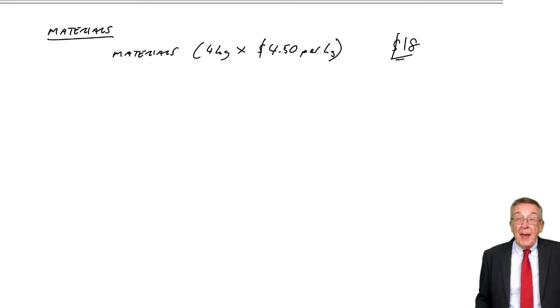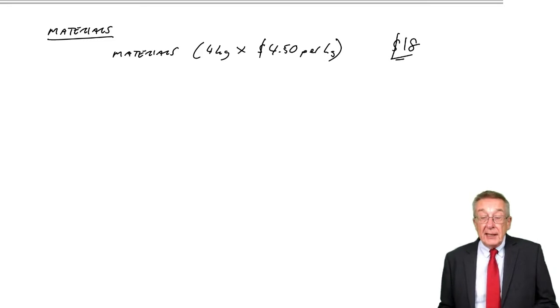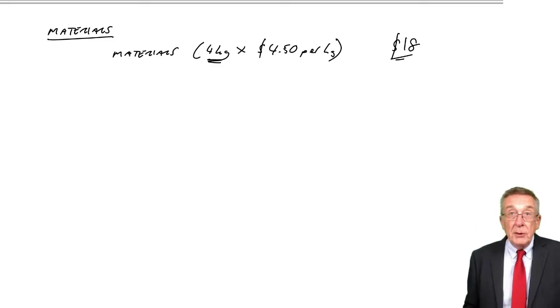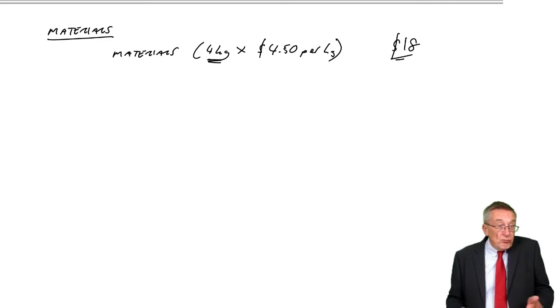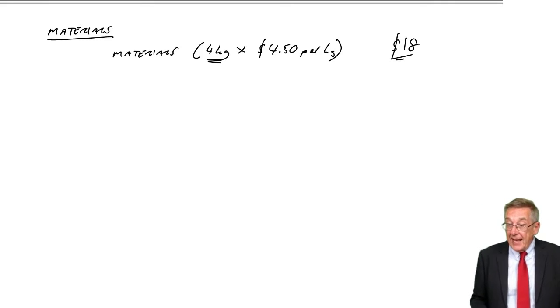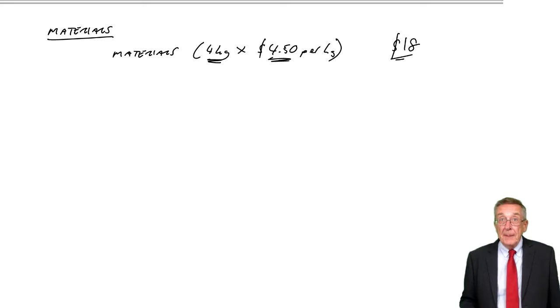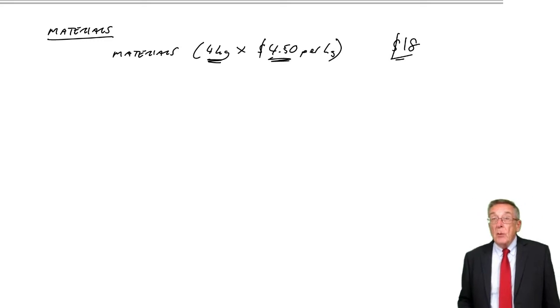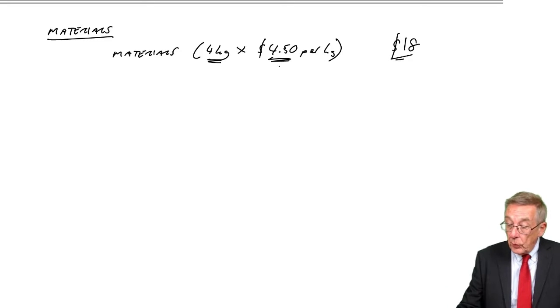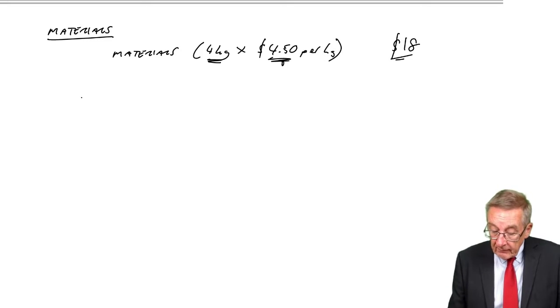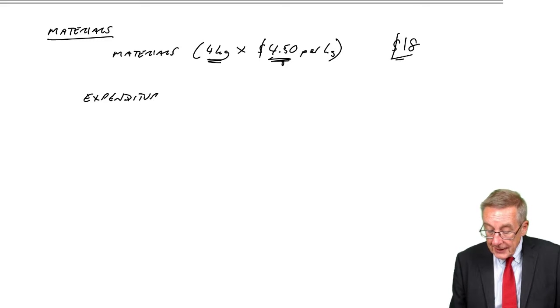We know we overspent, but we're going to sort out: did we really use 4 kilos a unit? Did we use more or did we use less? Did we really pay $4.50 per kilo? Well, the analysis, I'll look first of all at the $4.50, and we call this the materials expenditure or price variance.